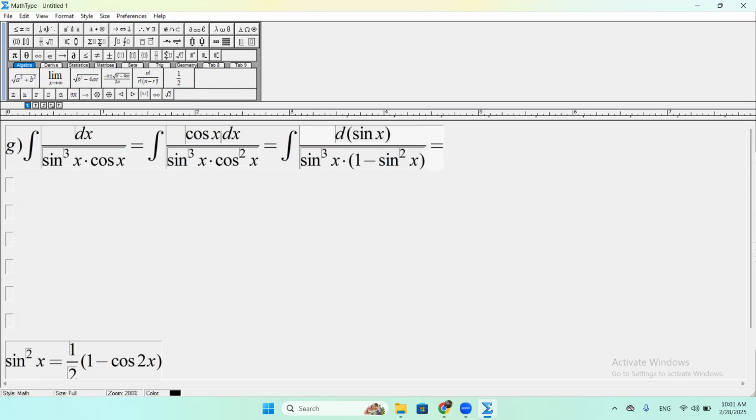Now let's make a substitution. So we have basically the rational fraction. So we will use such substitution: t equals sine of x.